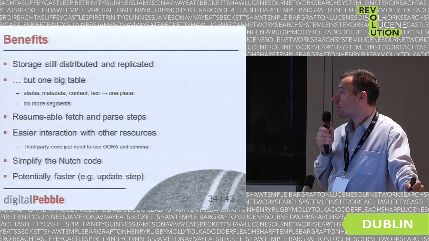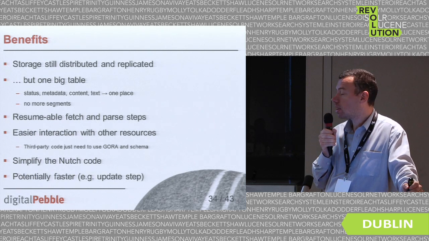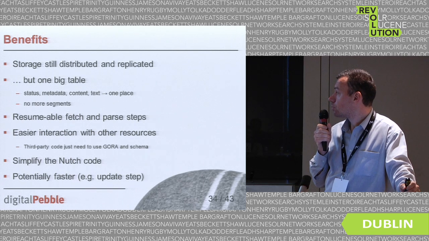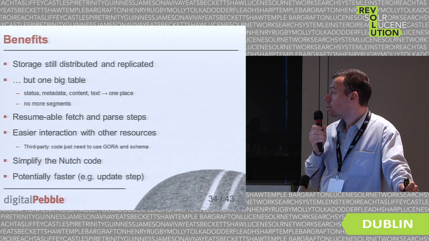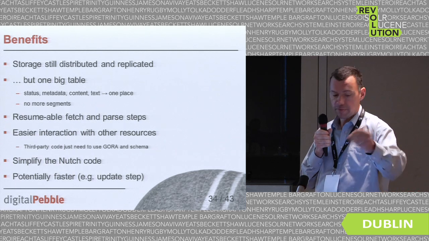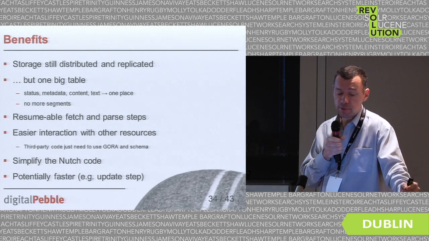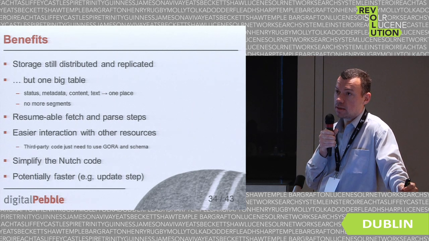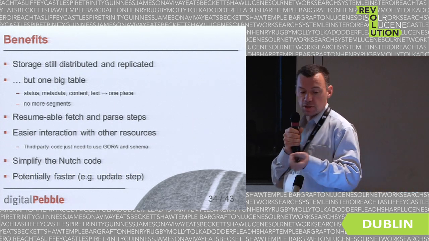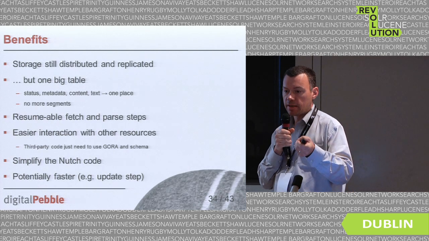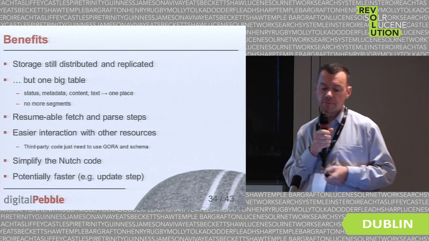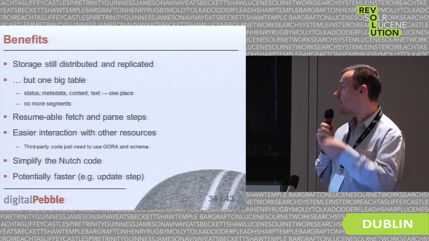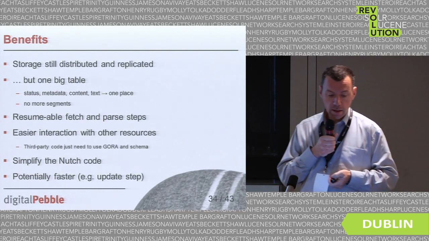In Nutch 1, if you're fetching and your fetch job fails for one reason or another, you need to restart the whole fetch, to refetch the whole segment. Same with the parsing. It's different with Nutch 2 because the updates are sent as each page is fetched or parsed, so the backend gets updated during the step. If it crashes and you restart it, it will start pretty much where it left off. So it's a nice little feature.